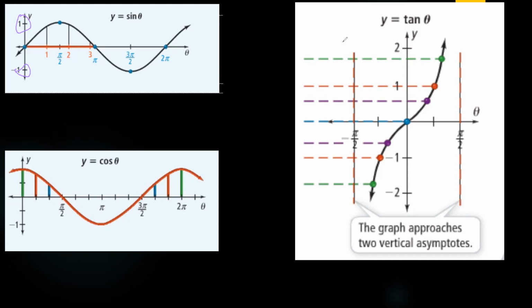Now, let's talk about the tangent here. This is the graph for the tangent. They found that the tan of 0 is 0. The tan of pi over 4, which is here, is 1. And the tan of, let's graph it here first.